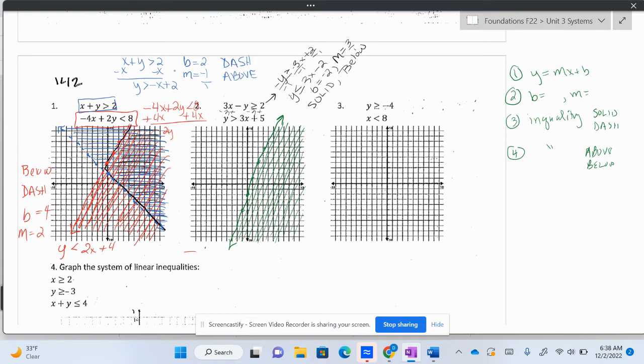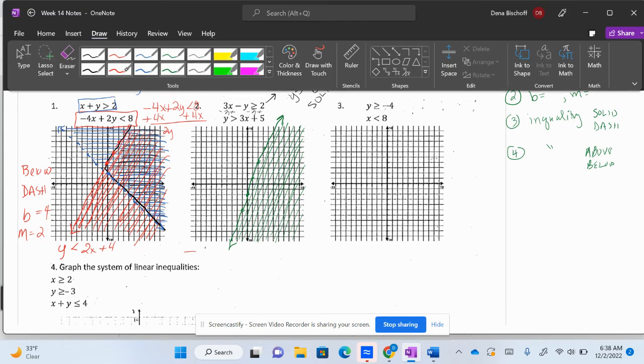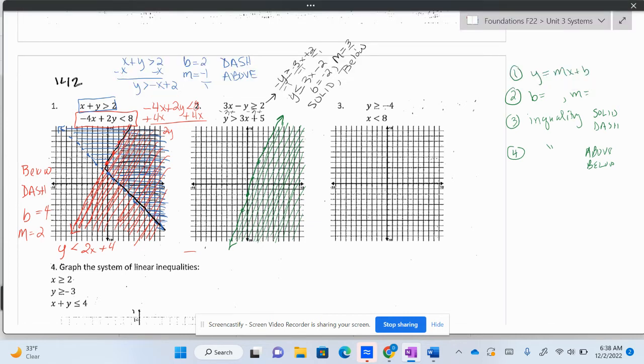Okay. Our second equation is already in slope-intercept form for us. Thank goodness. I begin at 5. My slope is 3. So begin at 1, 2, 3, 4, 5. My slope is 3. And this is a greater than symbol.